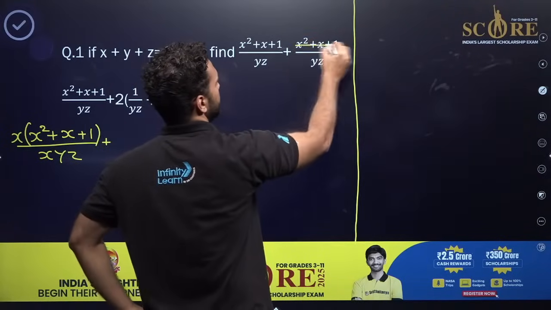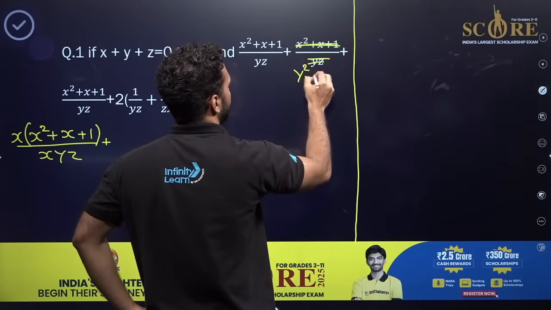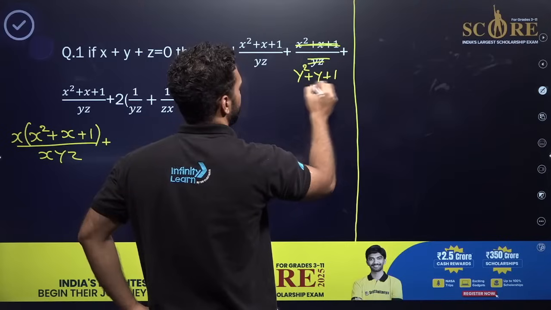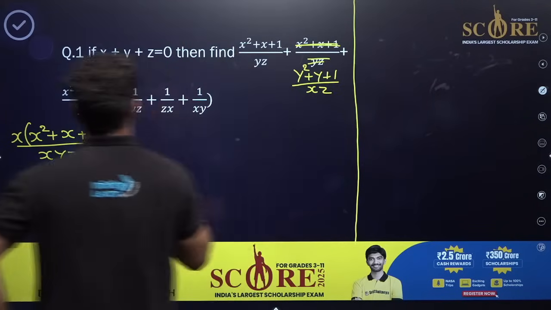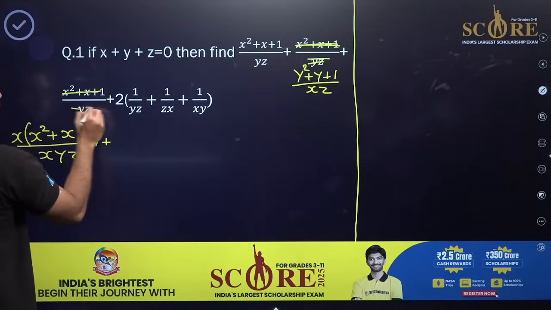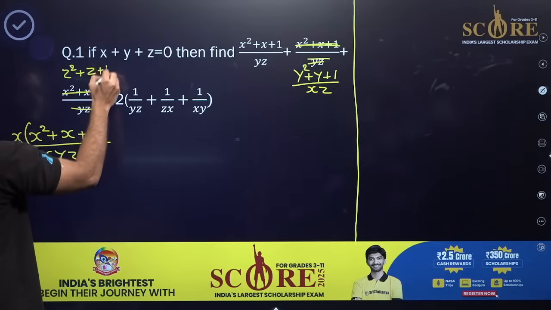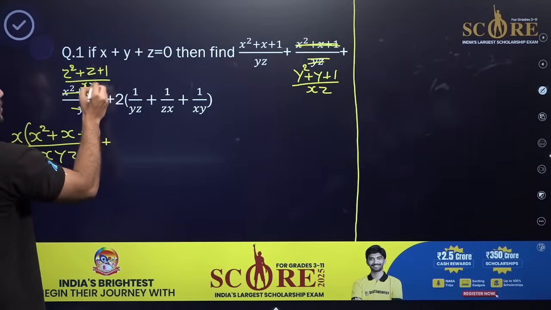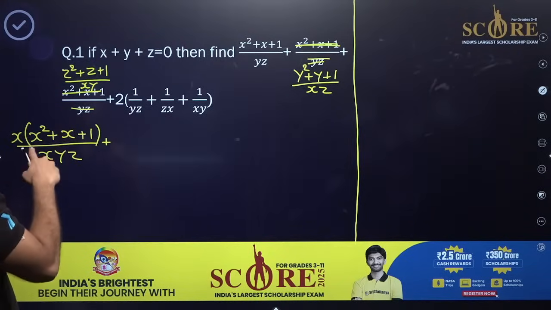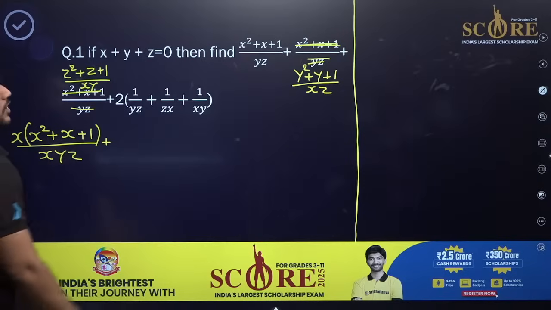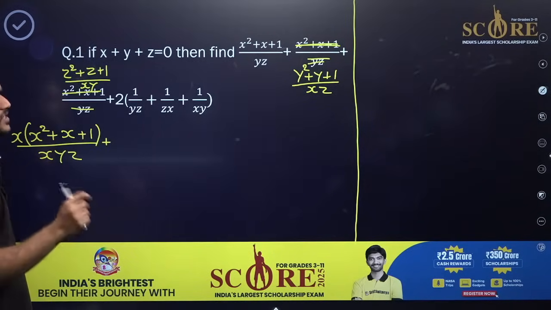Instead of this term, I will have y square plus y plus 1 divided by xz. Instead of this term, I will have z square plus z plus 1 divided by xy. Now it's right. Now what I have here, sir, x and z in the denominator. What is missing? Sir, y.